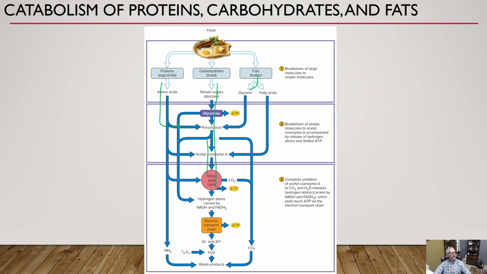Fats, remember fats are just glycerol and fatty acids. Glycerol could actually be converted into pyruvic acid. Fatty acids could actually be converted into acetyl-CoA and go through the citric acid cycle. So actually, proteins, carbs, and fats could all get converted and go through the citric acid cycle and be used for energy. And I mentioned before that fats are used for energy when we sleep or for light exercise.